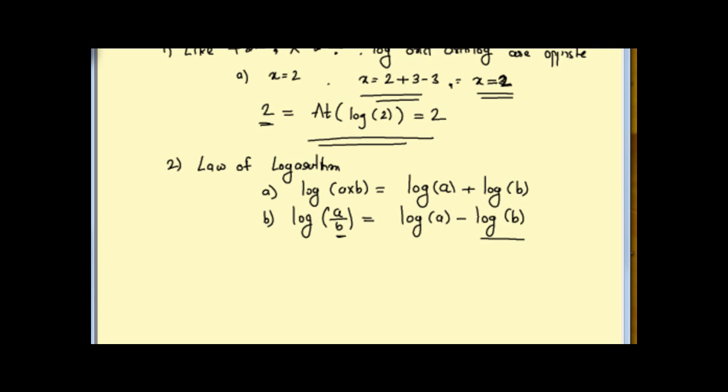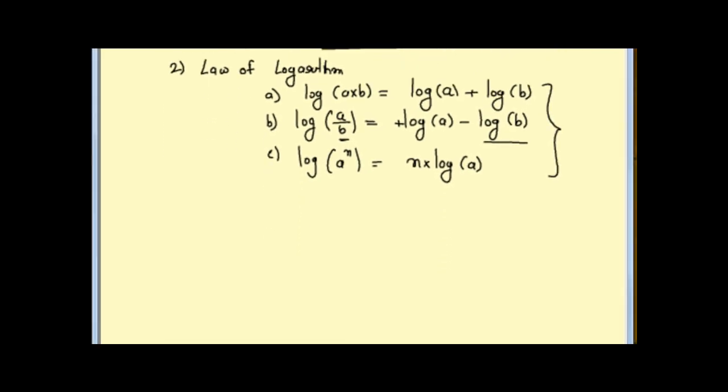It has a plus sign over here. And third thing that you have to remember is log of a raised to n is equal to n log of a, right? This is all about the laws of logarithm.